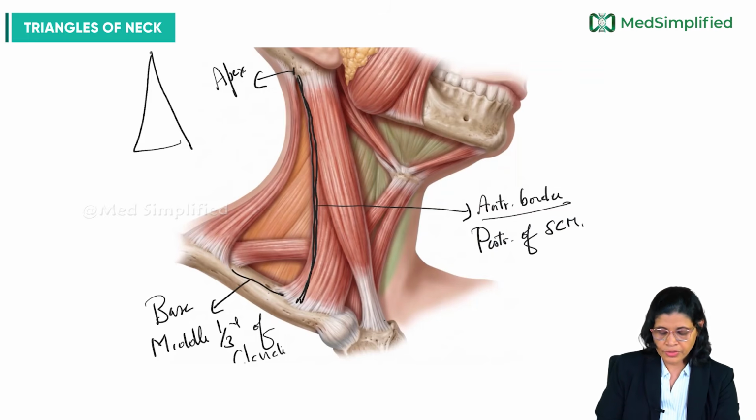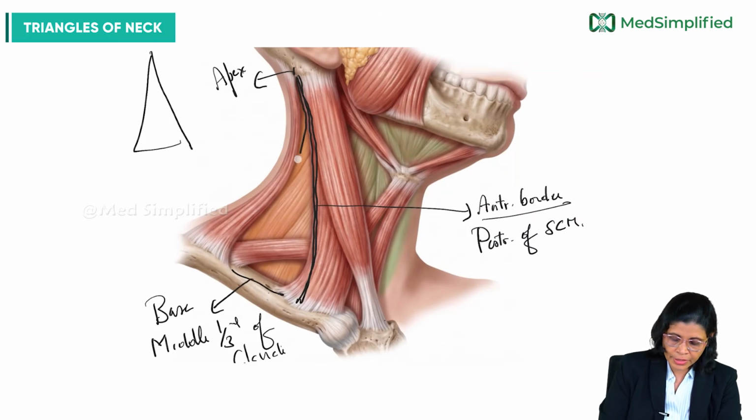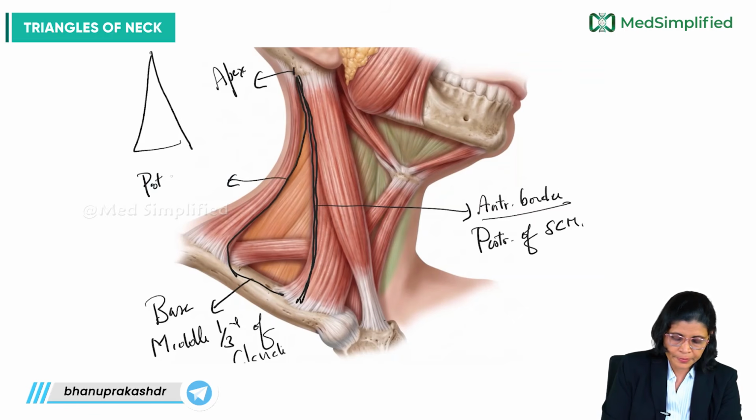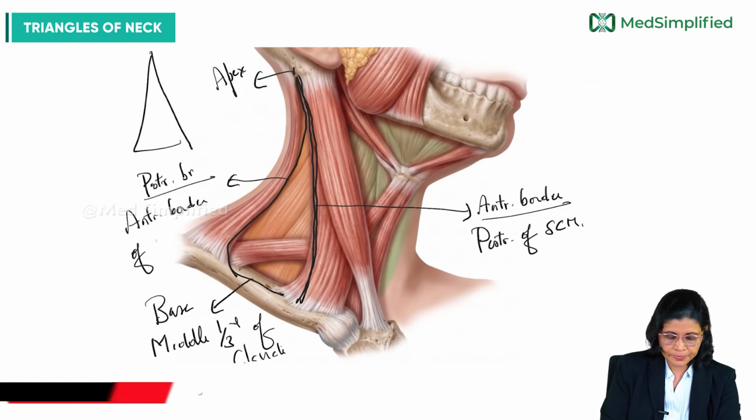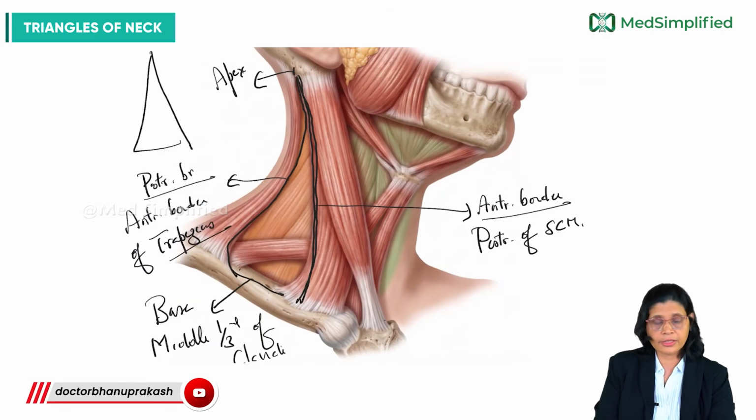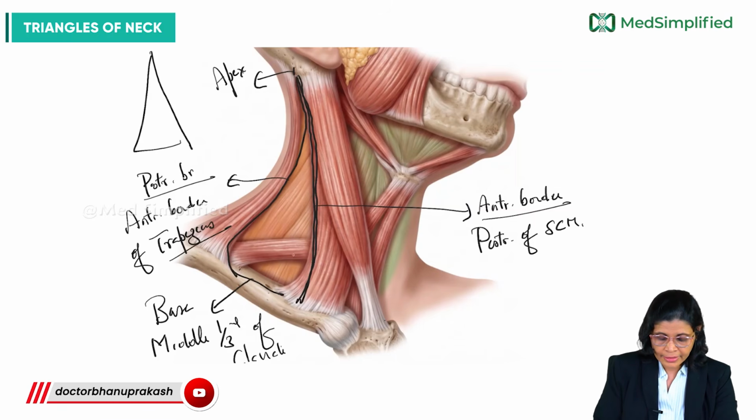Whereas the posterior border here is formed by which one? The trapezius, that is, the anterior border of trapezius. So these are the boundaries.